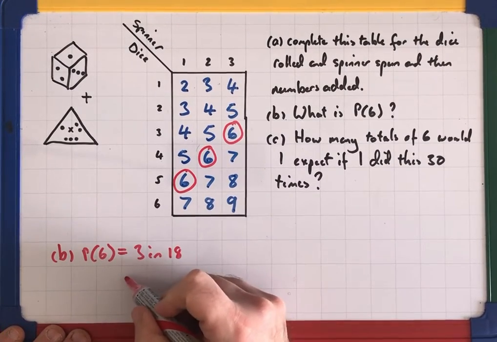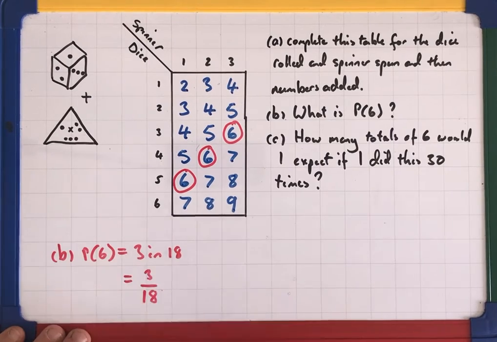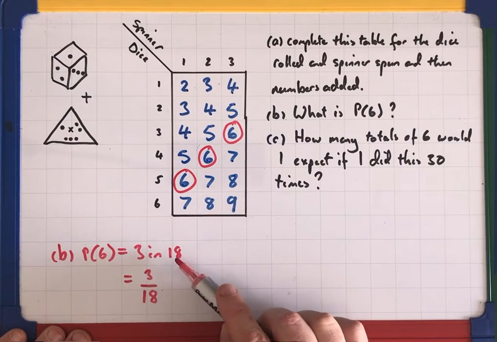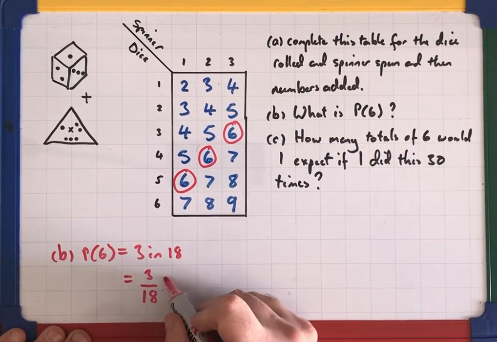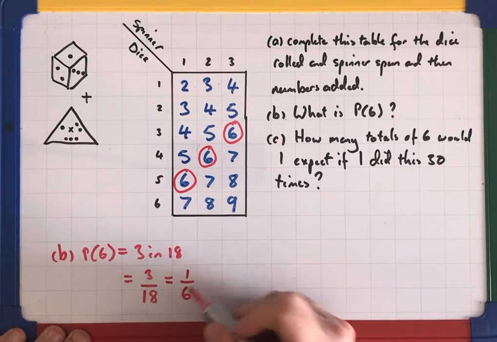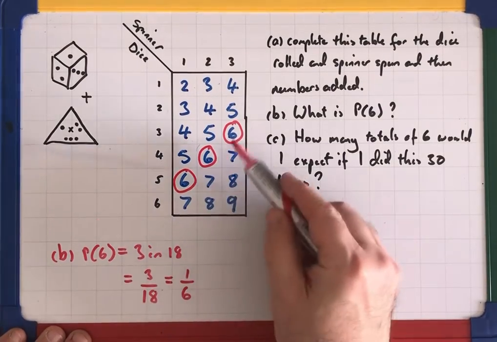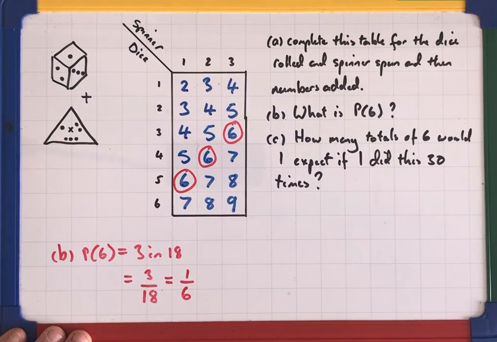Now we could write that as a fraction, 3 over 18, but we might also spot that 3 divides by 3 and so does 18. So this could be written as 1 over 6 or 1 in 6. So there's a 1 in 6 chance of getting a total of 6 from spinning that spinner and rolling that die.